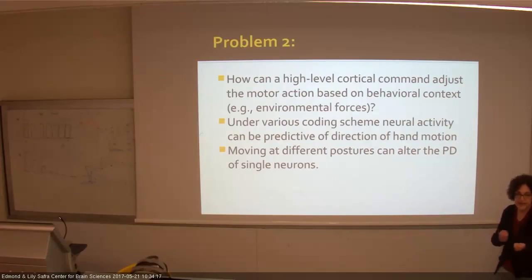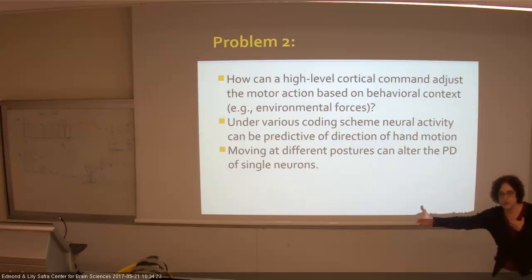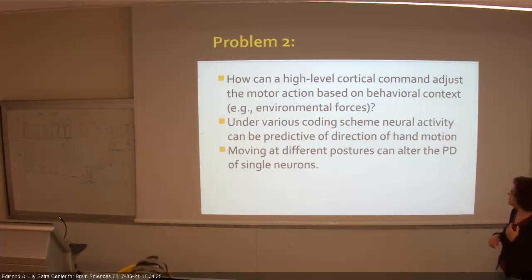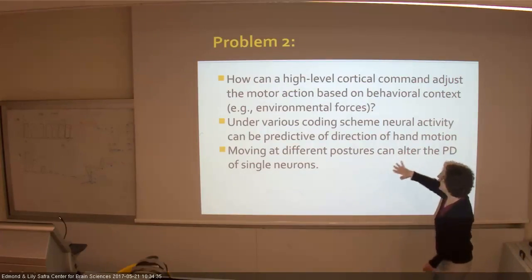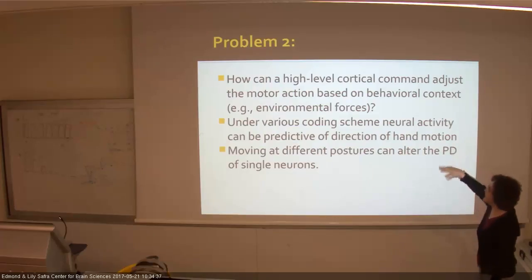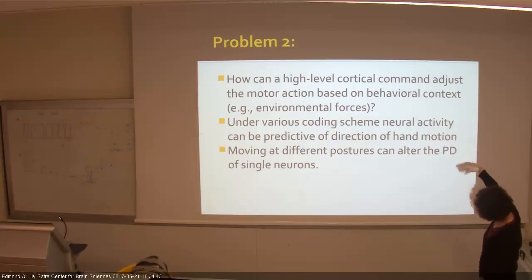And we know the command can change, but it's not clear how these abstract commands interact with the environment. And there is also the issue that the same type of activity can be the outcome of a very different coding mechanism.